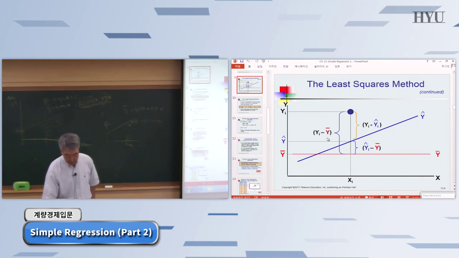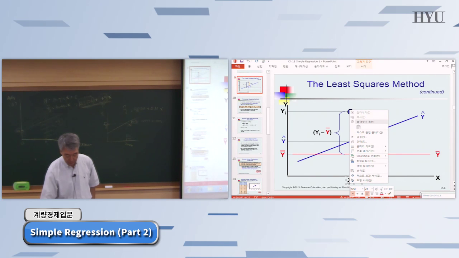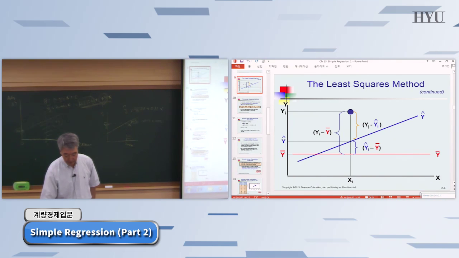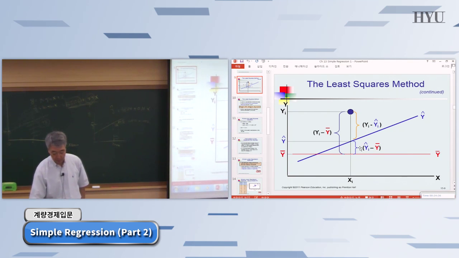And yi minus yi hat is the actual value minus the predicted value, because you use this regression line to make a prediction. You plug in xi to the equation and get the estimated value right here. Last class I told you that's the unexplained deviation, while this is the explained deviation.